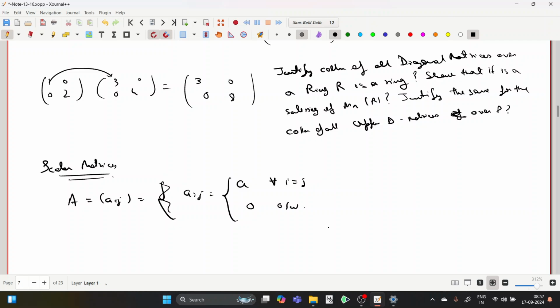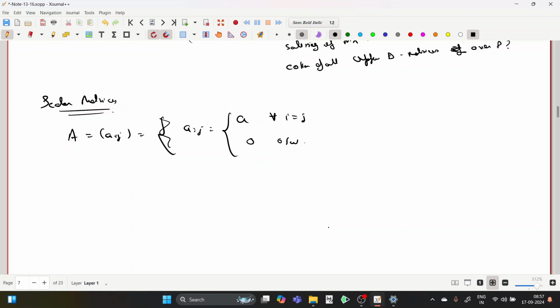You can see that these are just a special type of diagonal matrices and are easier to work with. Moreover, I can give a correspondence between this collection of scalar matrices. Suppose I consider the collection of all n cross n scalar matrices over R to be S_n(R).